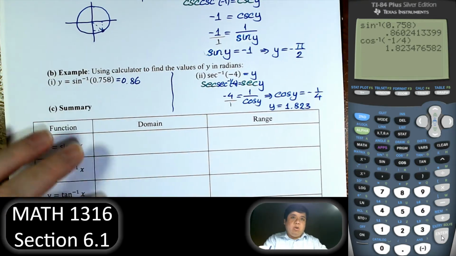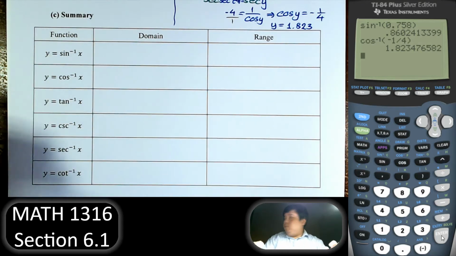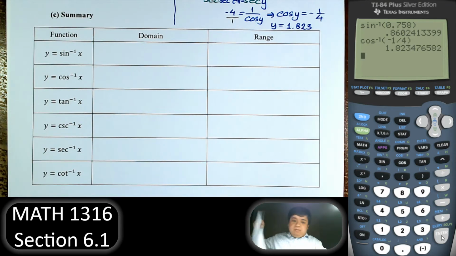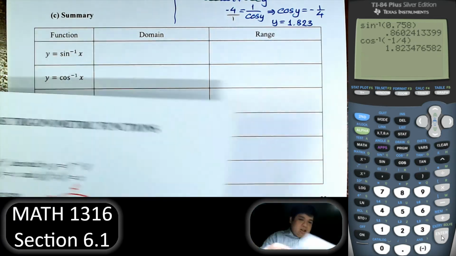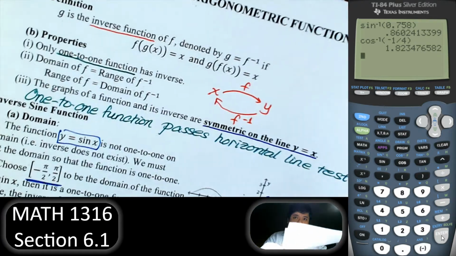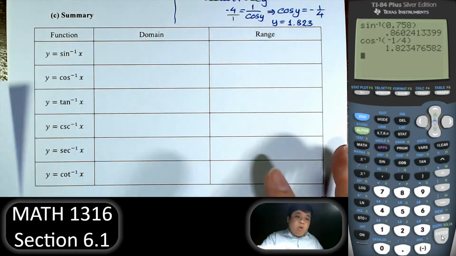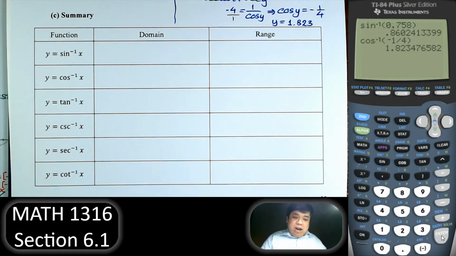For now, let's summarize all of this, and we'll try to draw the similarity and contrast between this and this definition. Pretty much that's all we have from the first two pages, so let's put all of them together. First the domain and range.